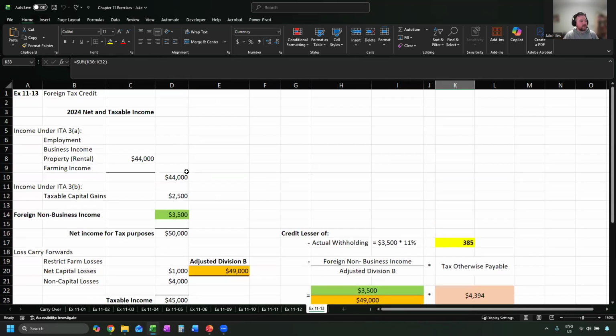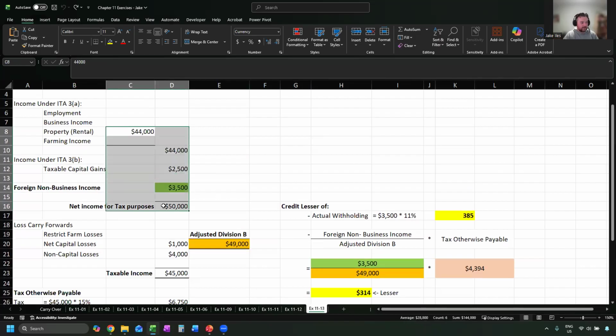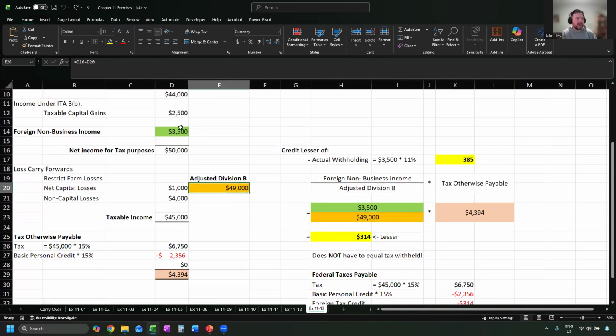So just to revisit, we calculated our net income, applied our losses. Our adjusted Division B is our net income minus our capital-based losses claimed. That creates our denominator. 3,500 of foreign non-business is our numerator, times taxes otherwise payable, not including the foreign tax credit.